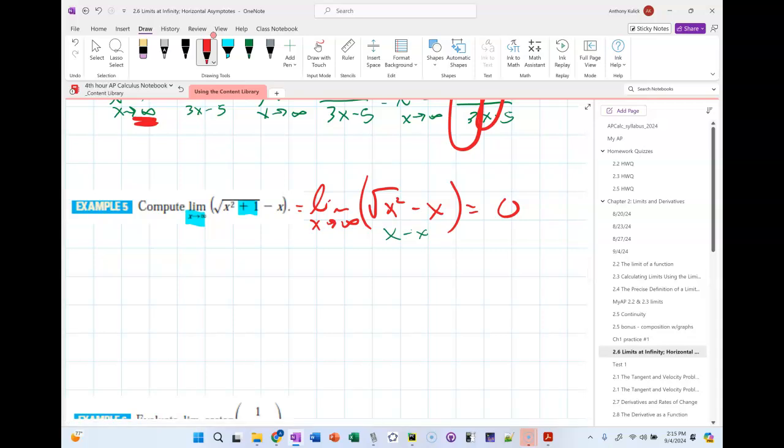So you can just get rid of that. Only if your limit is going to positive infinity or negative infinity. In that case, a constant plus a variable, the constant doesn't matter. Because if you're plugging infinity in for x, 1 plus infinity is still infinity.